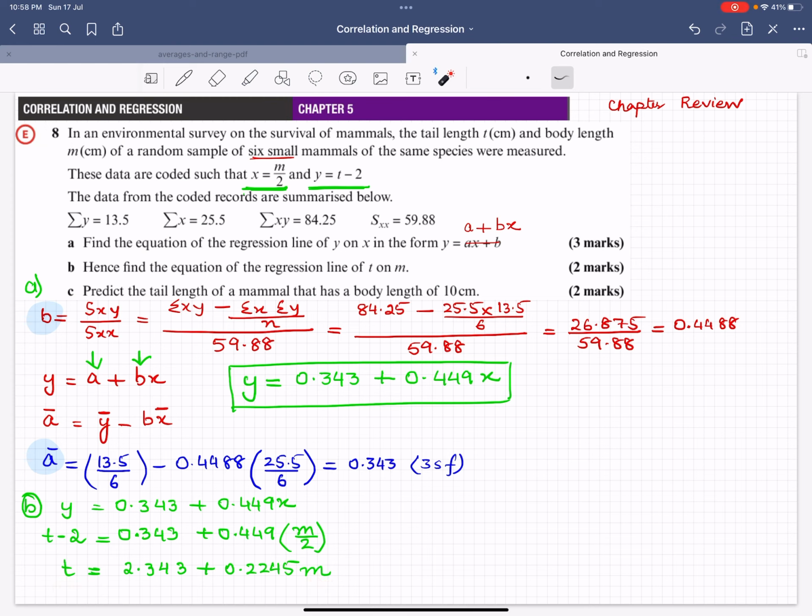We have t is equal to 2.343 plus 0.2245, and in place of m we plug in the body length, which is 10 centimeters. When we work this out, we get the tail length as 4.6 to two significant figures. So our answer is 4.6.